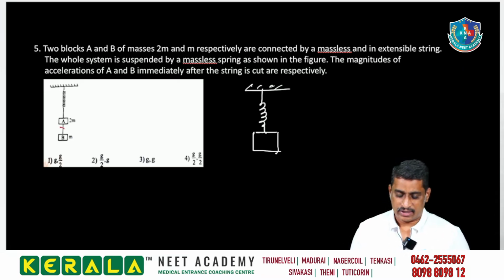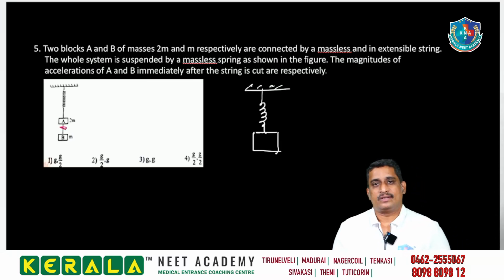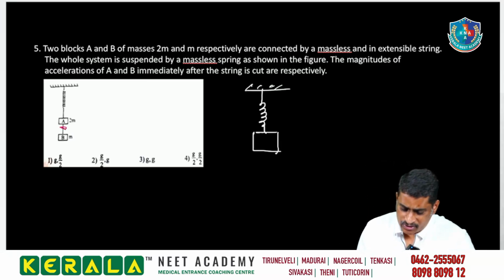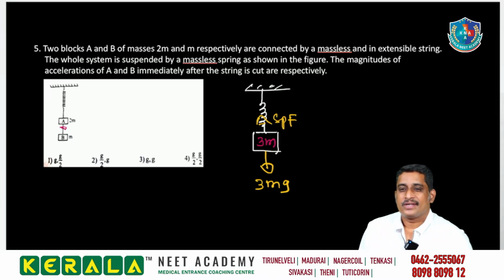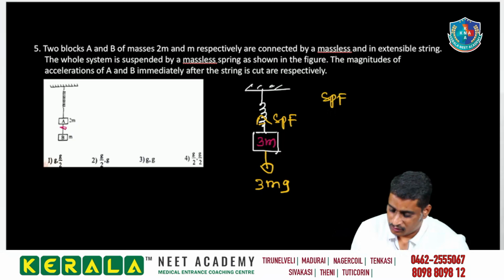They will be cancelled. Now, the total mass of the system is 3m. On this system, two forces are acting. One is the weight 3mg. The second one is the spring force. As the system is in equilibrium, the spring force will be equal to 3mg.